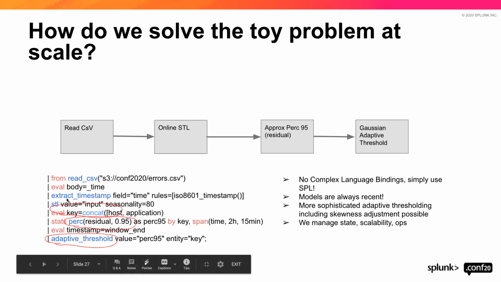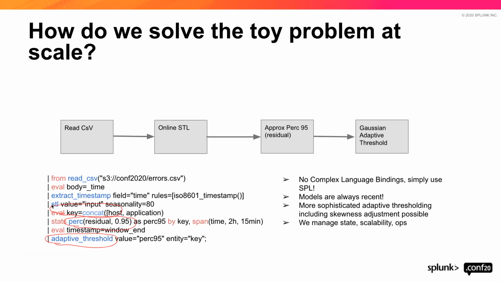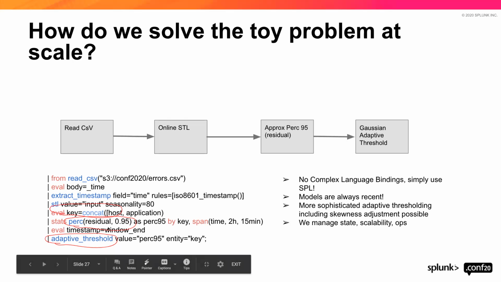All of these things are streaming algorithms. This one is the STL algorithm that I talked about so far. The adaptive quantile you can think of as a quantile sketch. If you're familiar with quantile sketches, it's basically that, except it's a moving window quantile sketch, a moving window adaptive quantile algorithm.